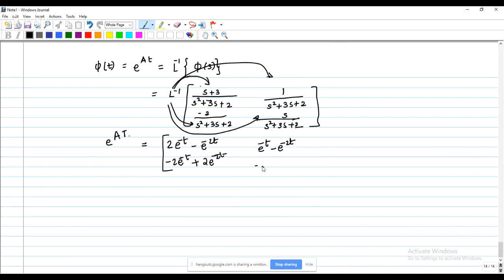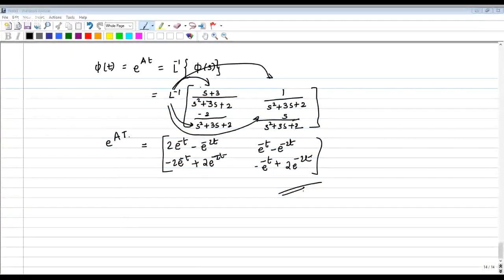And here we have minus e raised to minus t plus 2 e raised to minus 2t. This is what the state transition matrix is all about.